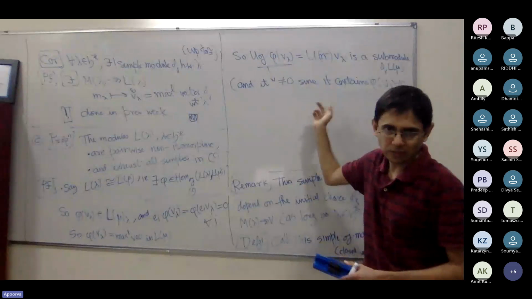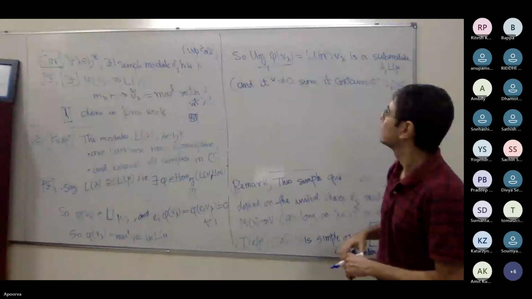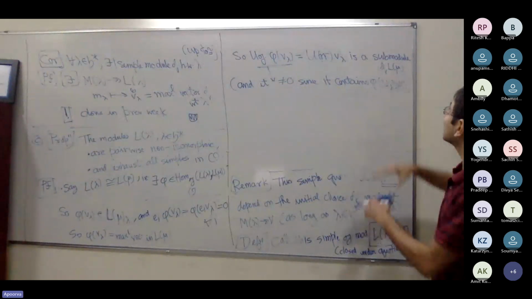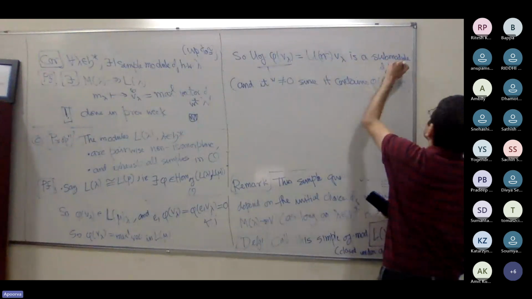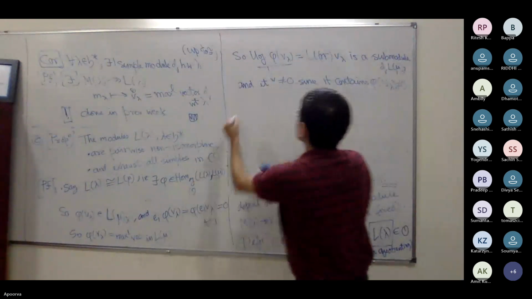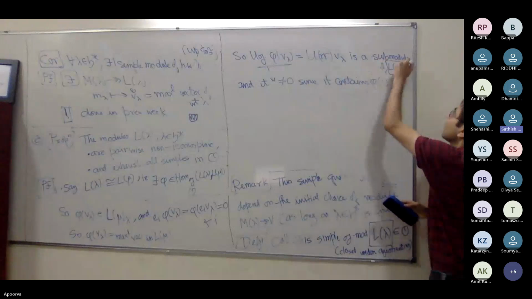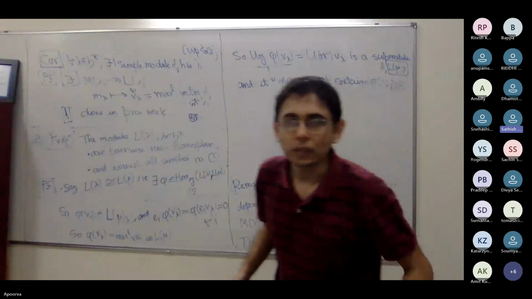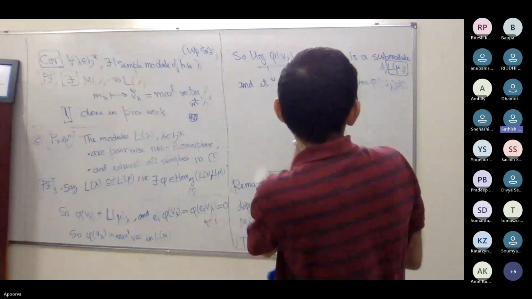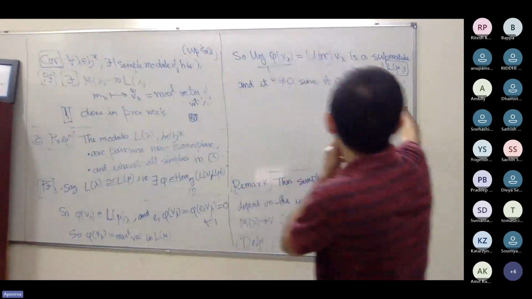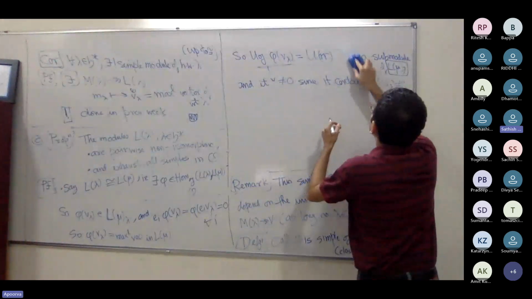Therefore, the image of phi of V lambda is a submodule. But now here we go. We have a non-zero submodule. Sir, I think you have missed a phi there in the right hand side. Where? Here? Ah, yeah.